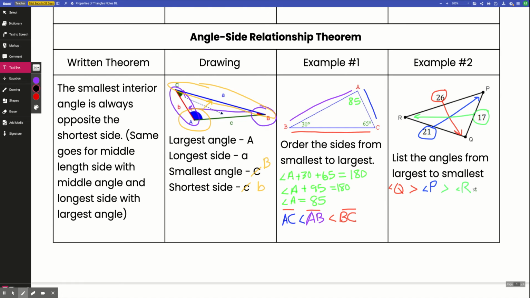Now, the reason that I chose this image is because it's a little bit hard to tell just looking at the picture which of those angles is smallest, really. Angle P and angle R look like they're almost the same size. That's why you have to go based off the sides that you have available to you.